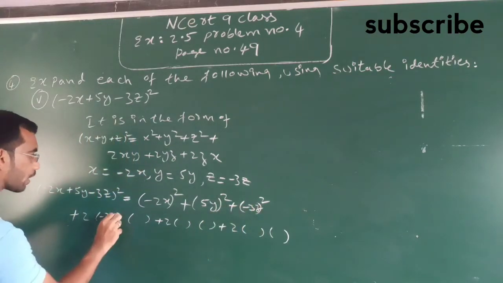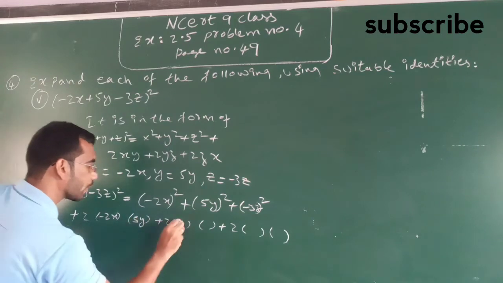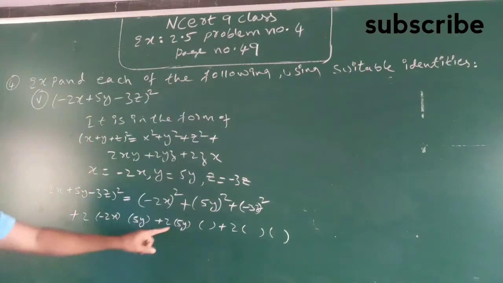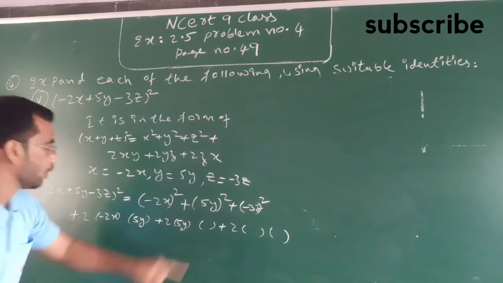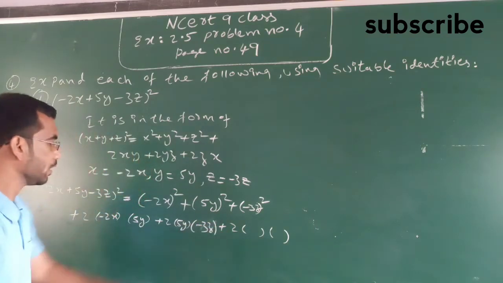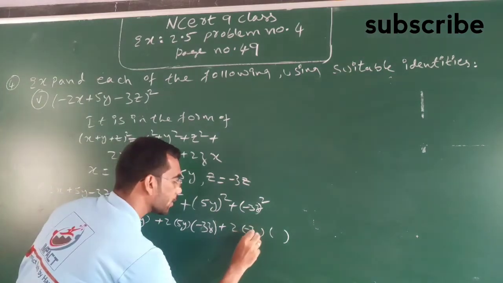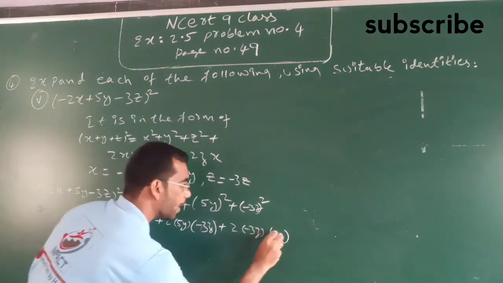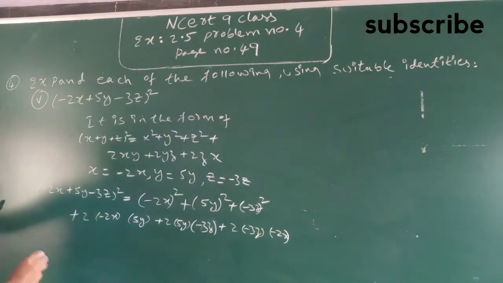Now 2 into minus 2x into 5y, 5y into minus 3z, next minus 3z into minus 2x.